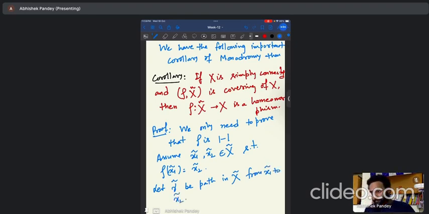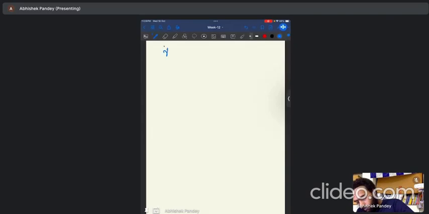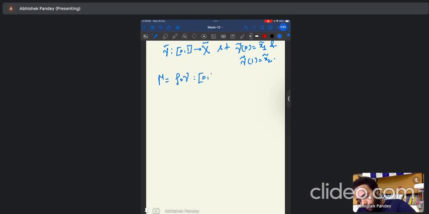What does this mean? It means that gamma tilde is from this parametrization such that gamma tilde of 0 is x1 tilde and gamma tilde of 1 is x2 tilde. Now in this case let us consider rho of gamma. So this is a closed curve.